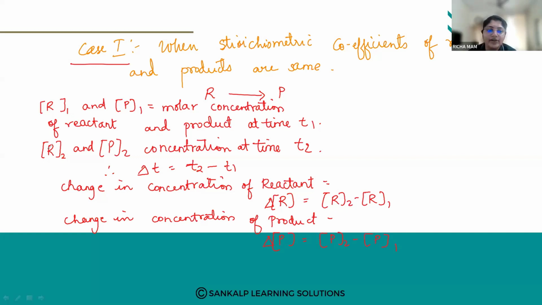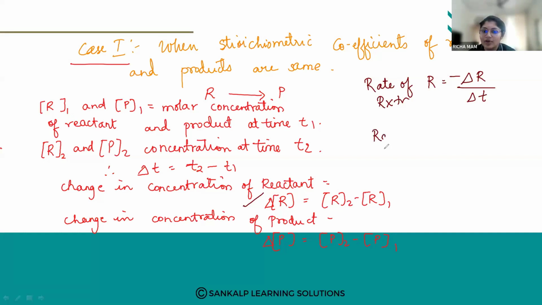Okay, now rate of reaction. How do we write the rate of reaction? With respect to the reactant, it is minus delta R by delta T, since there is a decrease.